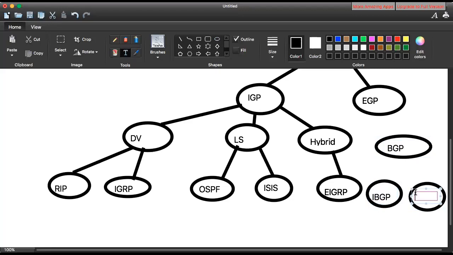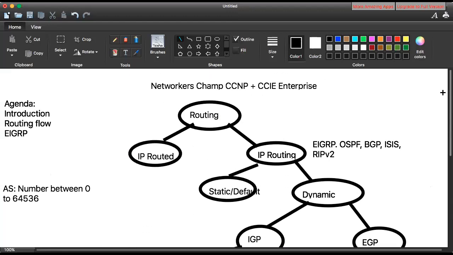We'll talk about BGP later, what is IBGP and what is EBGP. But as of now, I believe it's quite clear for everyone. This is quite important.